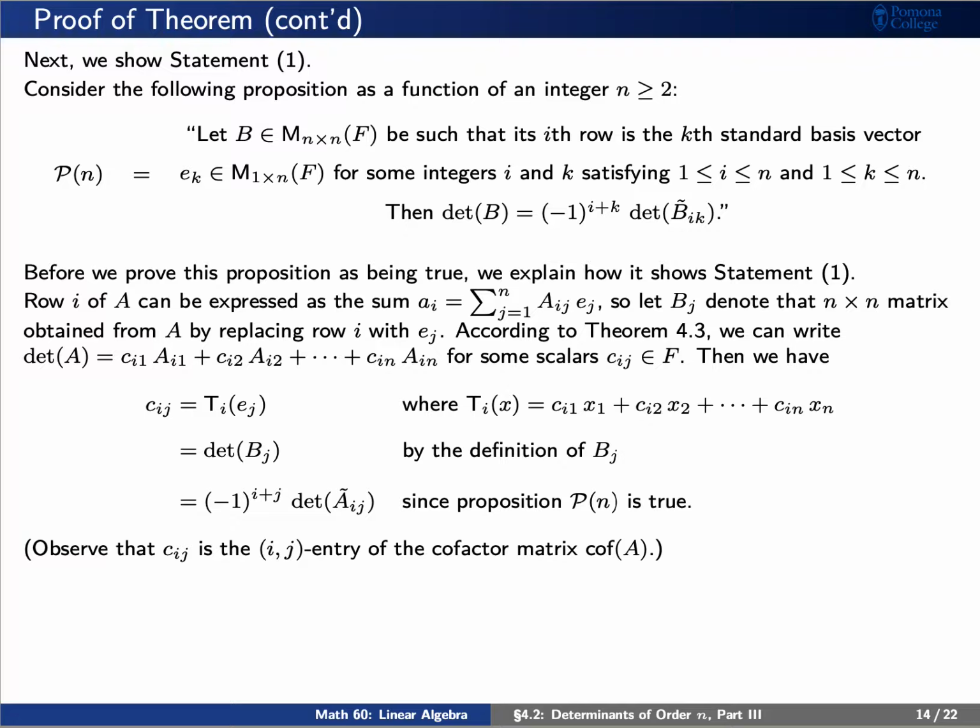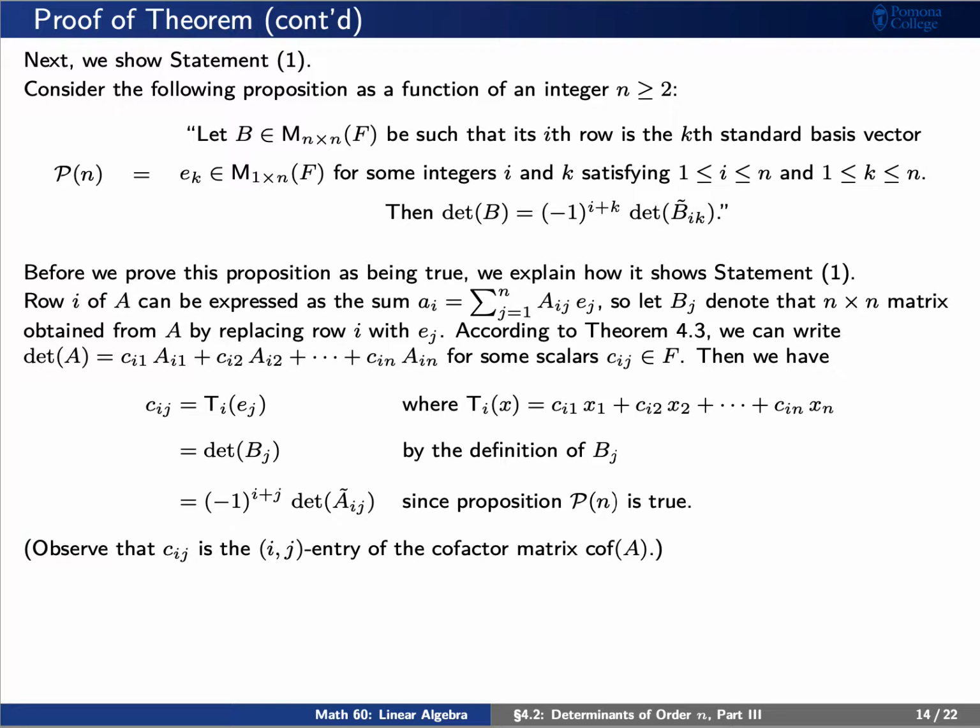However, if we were to cross out row I column j, we really would just return the same matrix Aij tilde, because the way that we constructed B sub j is by replacing row I with something different. So our C sub ij is really (-1)^(I+j) times the determinant of Aij tilde.